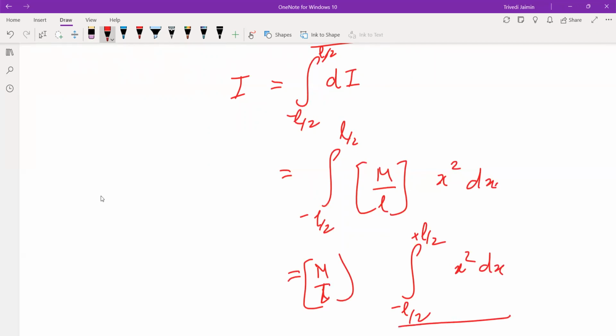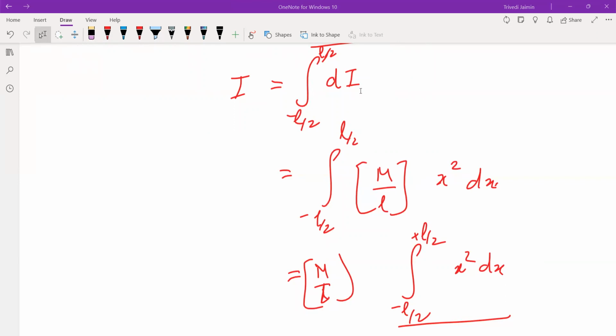So integration of x square dx will be, is it x cubed by 3?